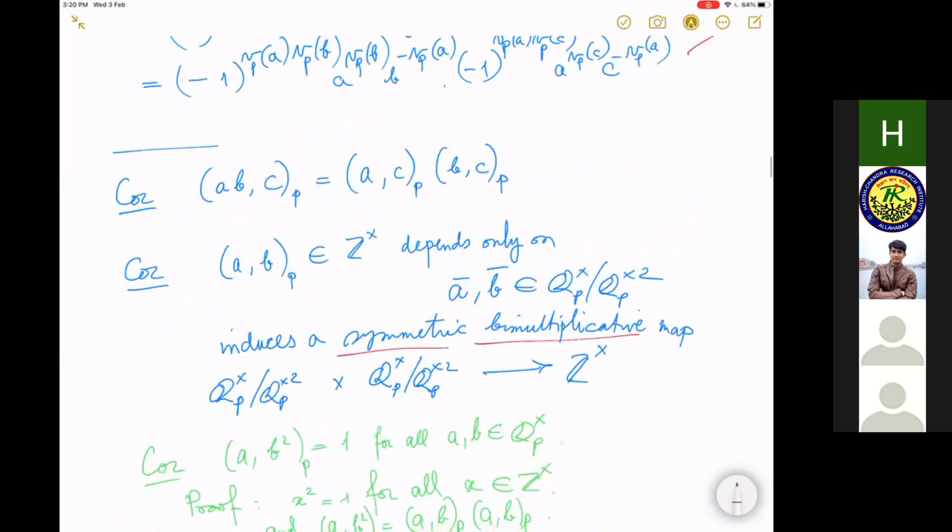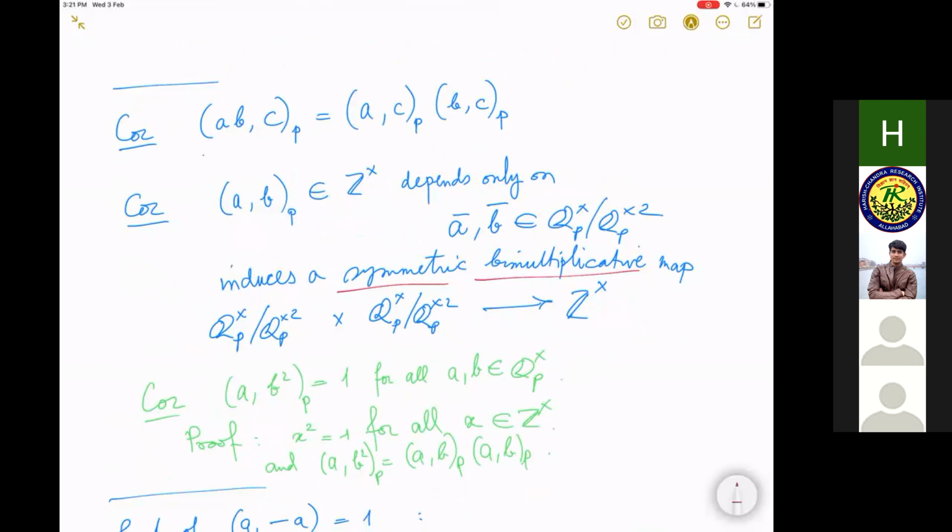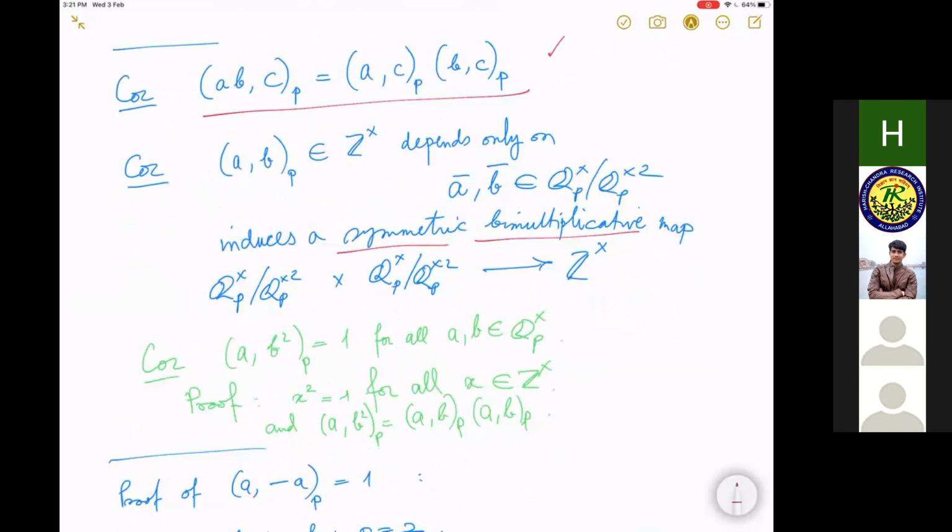So the first corollary is that it's multiplicative in the first variable as well, of course, because it's symmetric and multiplicative in the second variable. So that is clear now. And the other thing is that the value (a,b)_p depends only on the residue classes of a and b.